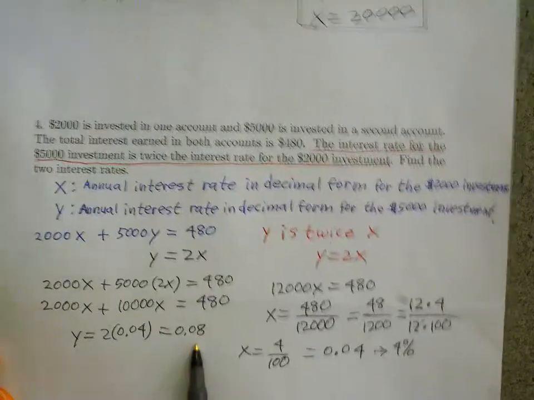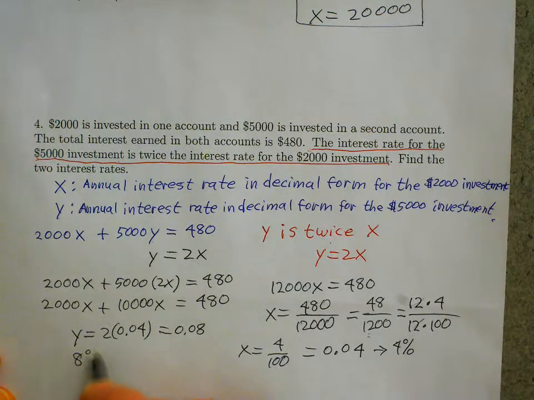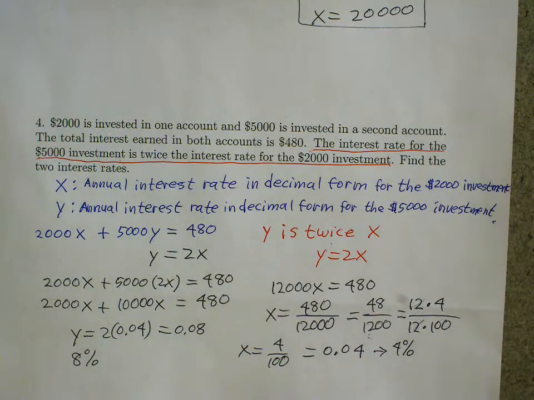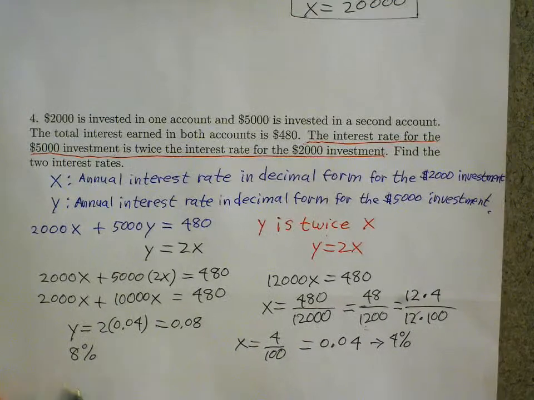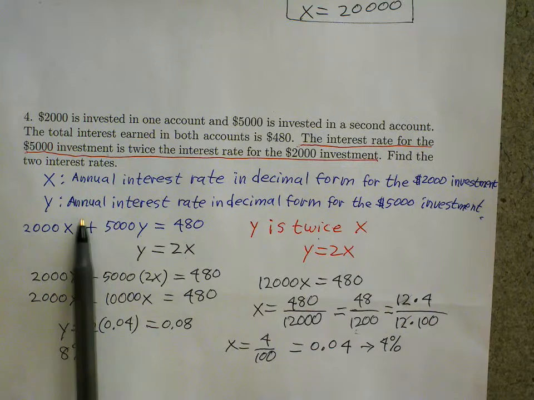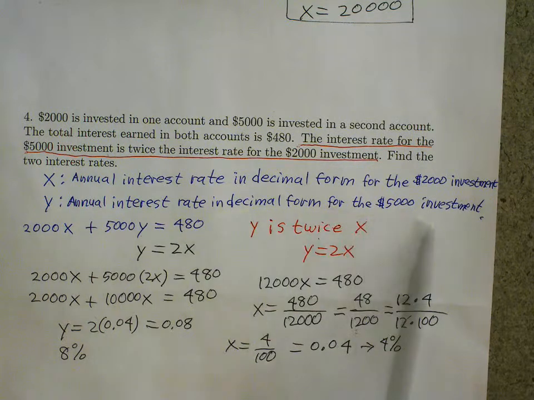And as a percentage, that's 8%. I'll leave the rest of that for you to do. If you were taking a test or a quiz, you could just write: 4% is the annual interest rate for the $2,000 investment, and 8% is the annual interest rate for the $5,000 investment.